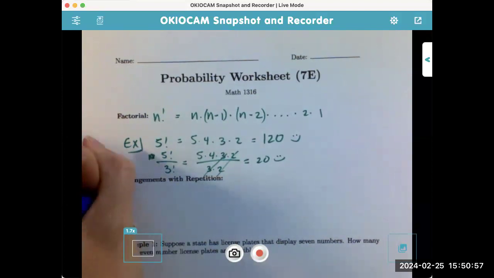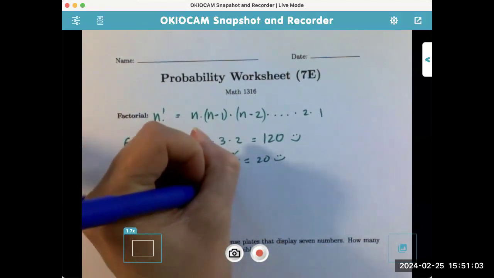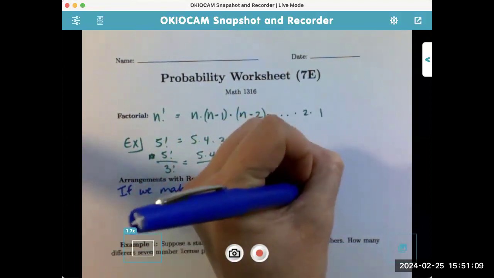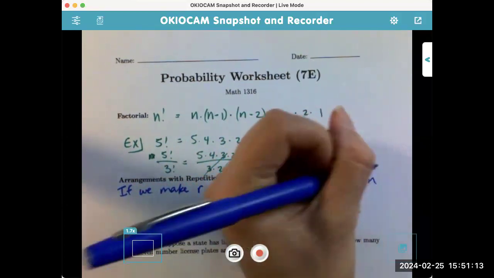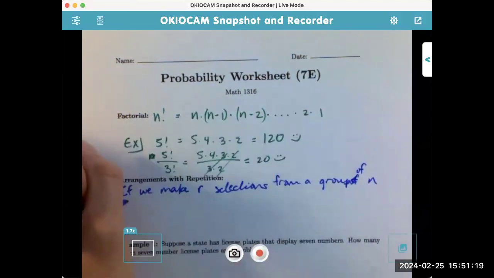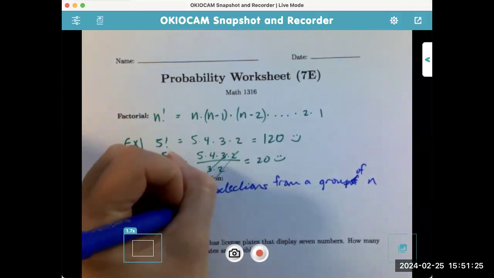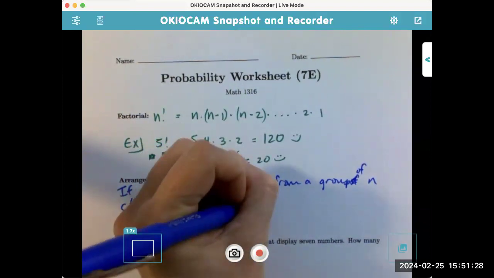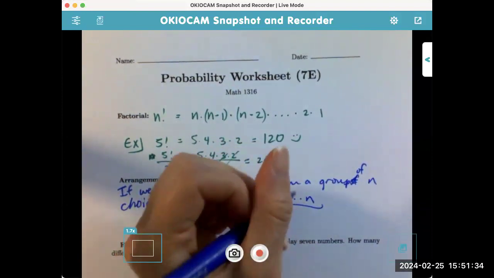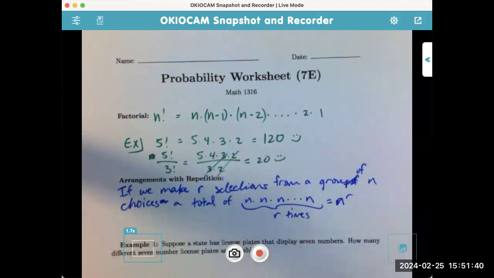So your book definition: if we make our selection from a group of n choices, a total of n times n times n, r times, well, that is equal to n to the r.